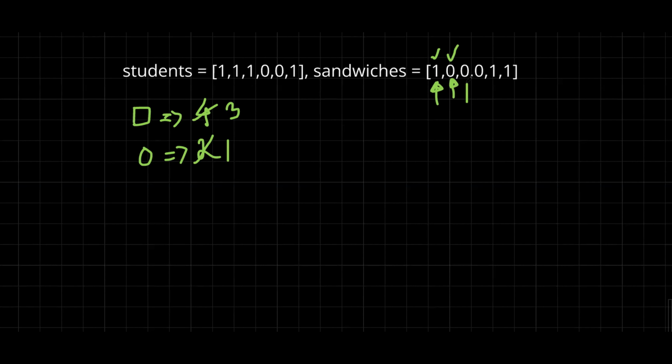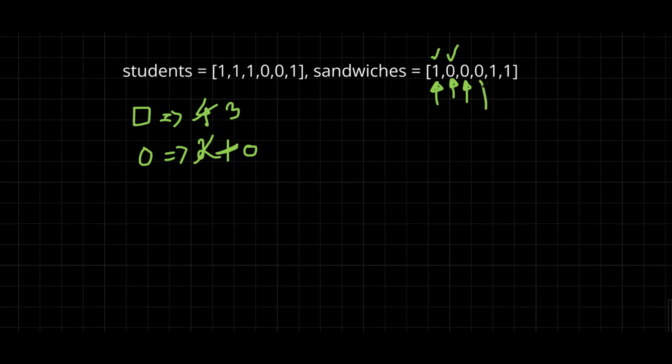Now we will be at the third sandwich, and we will again check whether any student is available who will eat this circular sandwich. Yes, 1 student is available. If he eats this circular sandwich, then the frequency of circular sandwich preference students will become 0.